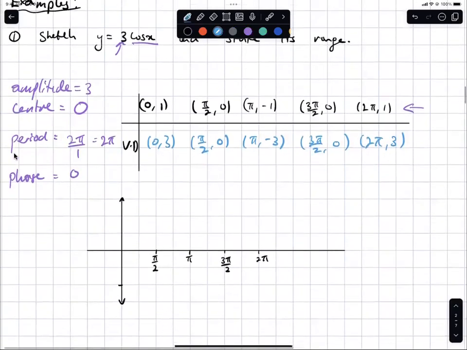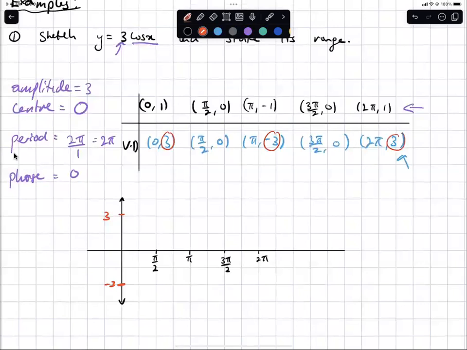Now that we have that, there are our 5 key points that we can put on the graph to get an idea of how everything's going to work. I would mark out -3 and 3, and that comes from the fact that we can see that that is our max and our min, from the dilation, my apologies.